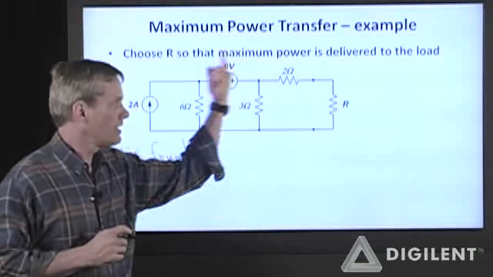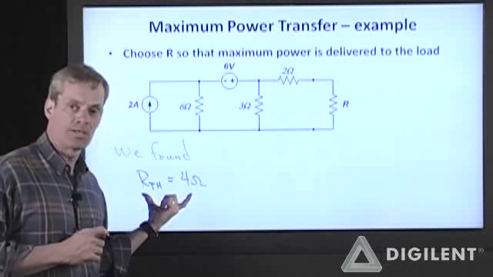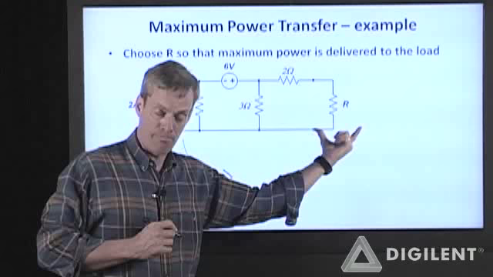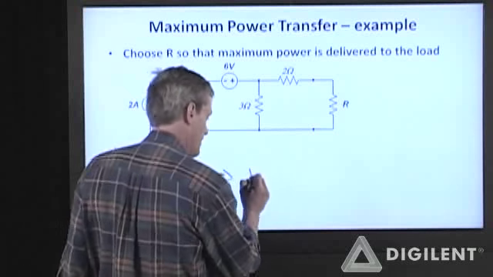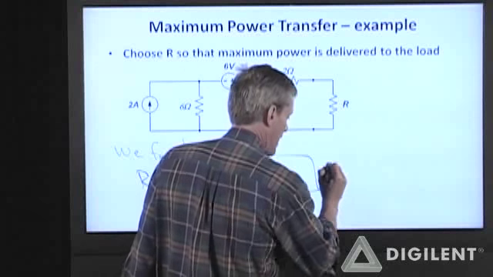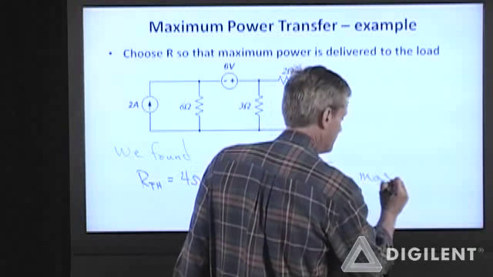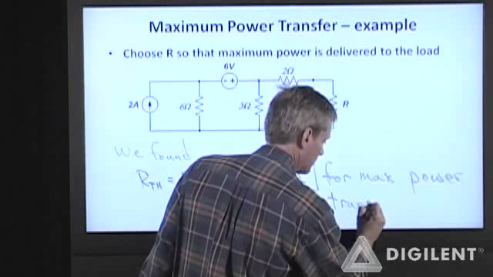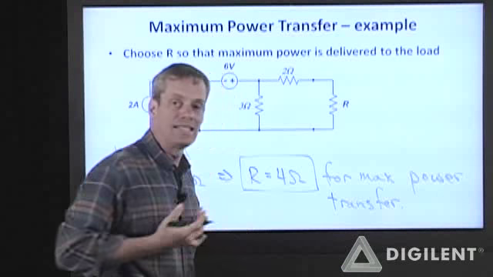So this entire circuit had a Thevenin resistance of 4 ohms. Therefore, if I want to deliver the maximum power possible to this resistor, I choose R equals 4 ohms for maximum power transfer. It's as easy as that.